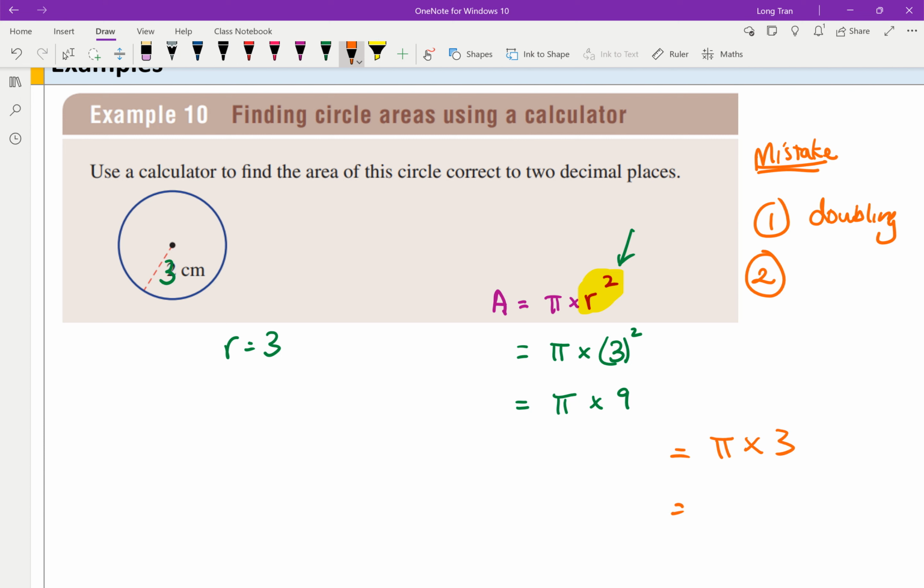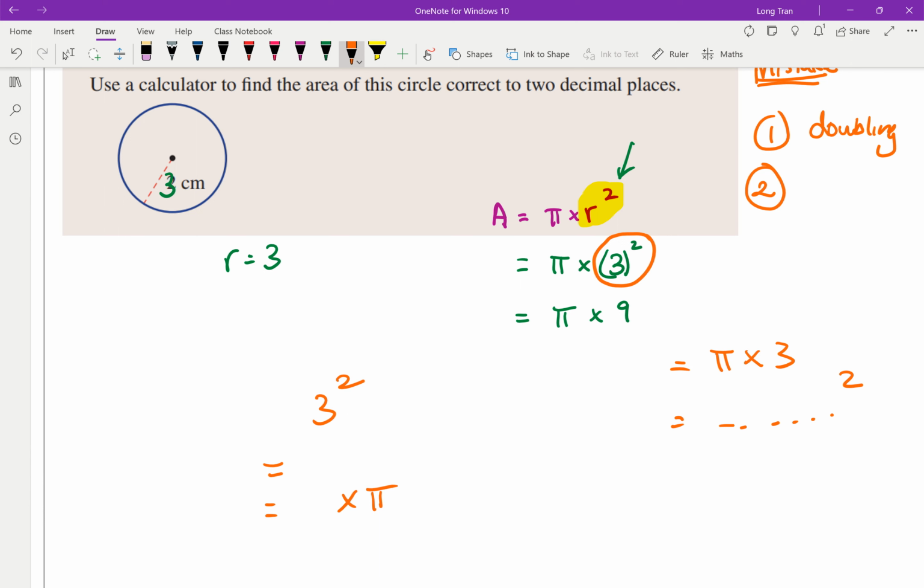So on your Google calculator, you should be doing 3 squared and then times pi. That's okay. All right? But the order does matter. So 2 mistakes there. 1, most students are doubling. And 2, not following BODMAS. Okay?